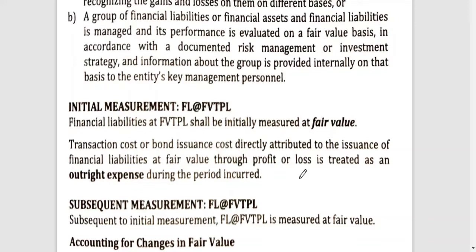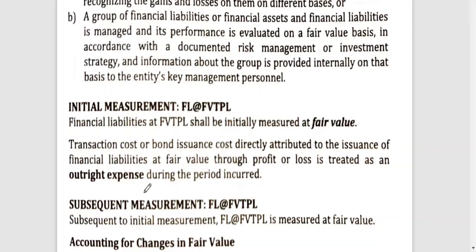So, initial measurement of financial liabilities at FVTPL would be at fair value. Any transaction costs or bond issuance costs directly attributable to the issuance of the financial liabilities related to the FL at FVTPL will be expensed outright.